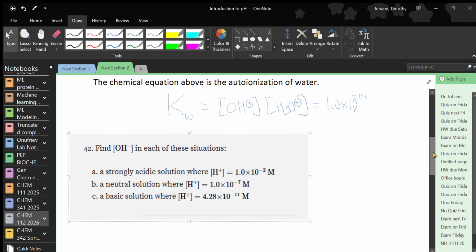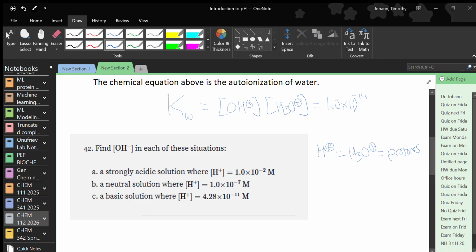So let me emphasize something I talked about last time: remember that H plus is equal to H3O plus. The same thing is also equal to protons. All those terms get used, okay?